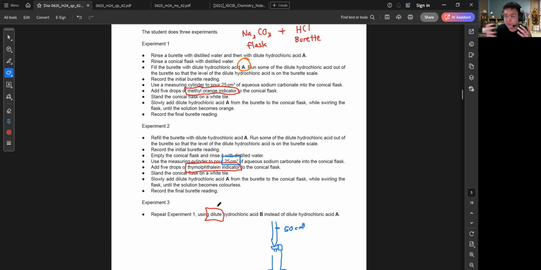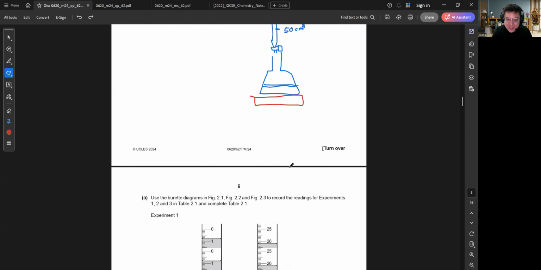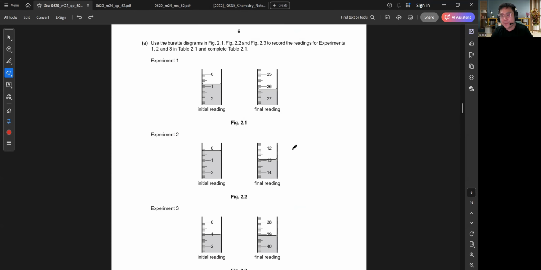The level of mixing with water can be very different. So what it probably means is dilute hydrochloric acid B is a different mix of water and acid as compared to A. We don't know which one is more concentrated and which is less concentrated, but we know that they are two different concentrations. Let's continue on. I hope you can get that. All right. Anything else? You can just leave a comment down below.